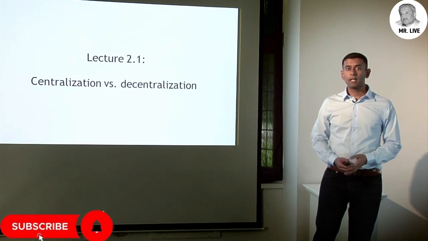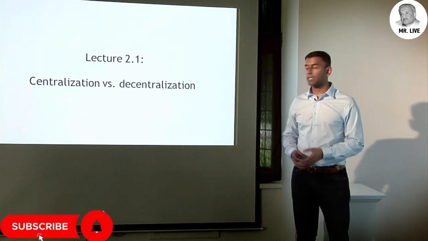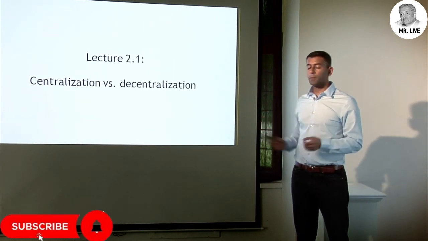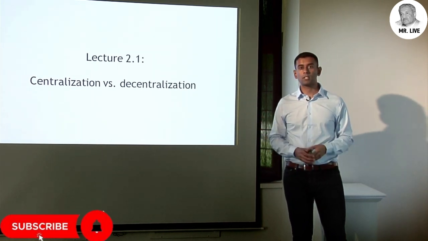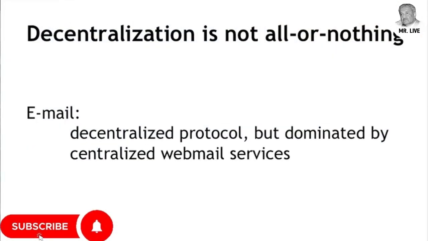So it turns out that decentralization is an important concept not just for Bitcoin, but in fact, this notion of competing paradigms of centralization versus decentralization plays out in a variety of different digital technologies. To understand Bitcoin's decentralization, I want to start with the caveat that decentralization almost always is not all or nothing. Almost no system is purely decentralized or purely centralized.